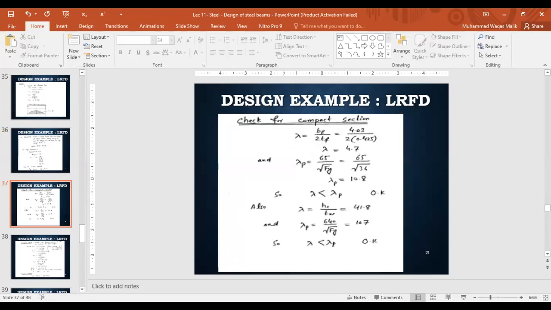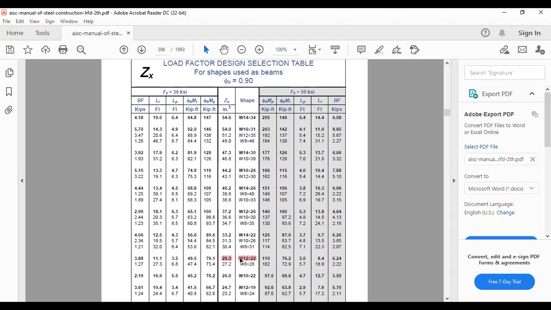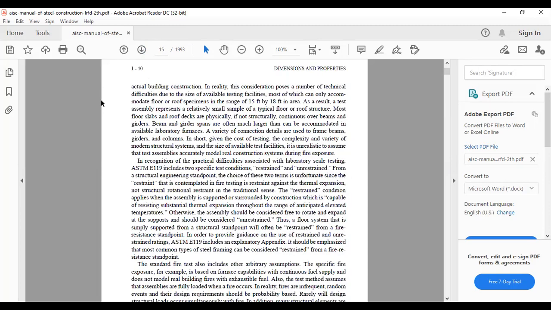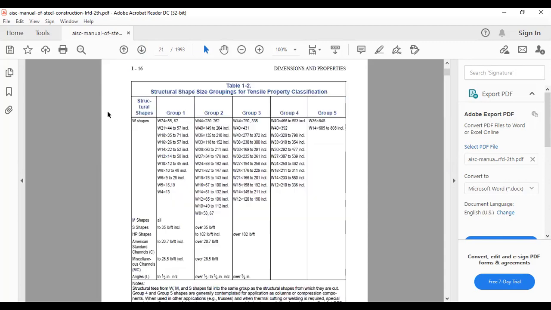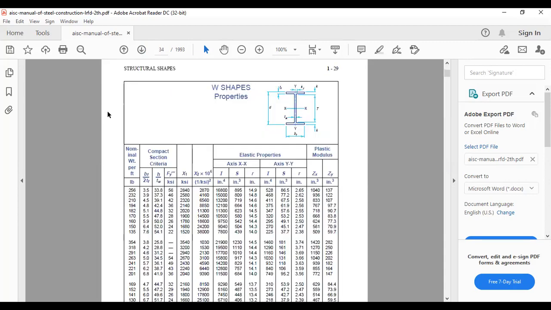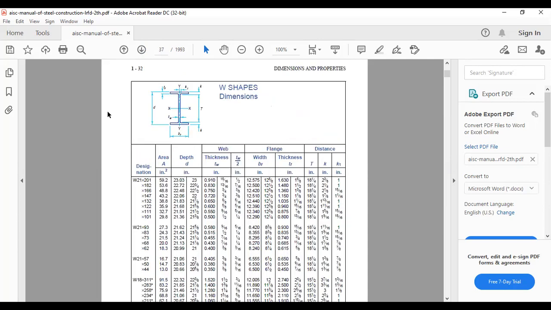Once you have noted down this section, that is W12 by 22, we are going to move back to part 1 of this LRFD manual, which is related to the properties of different sections, where we have different sections and their dimensional properties.